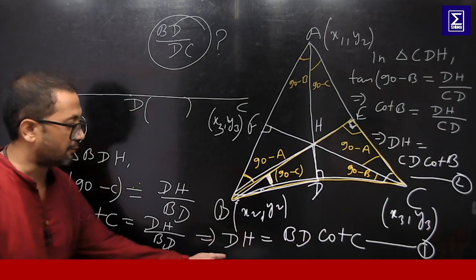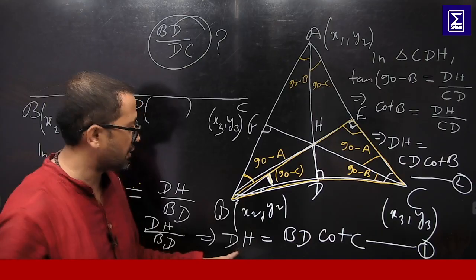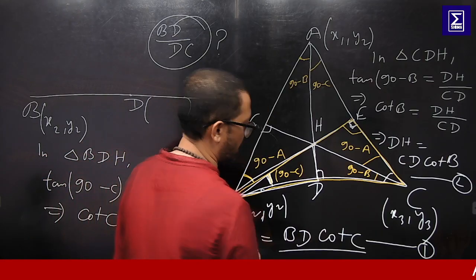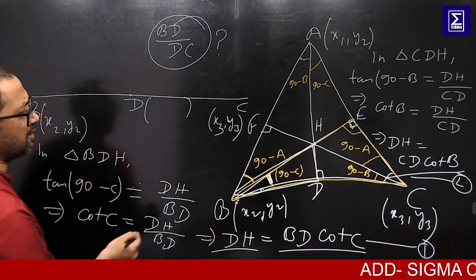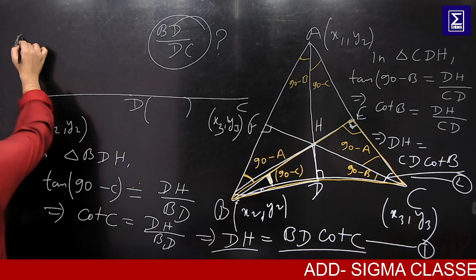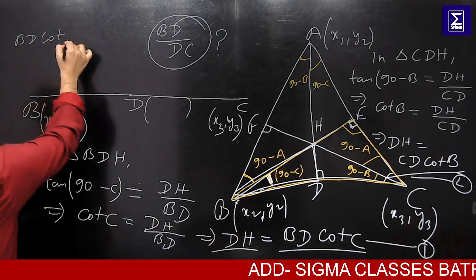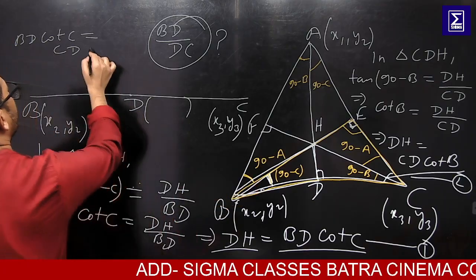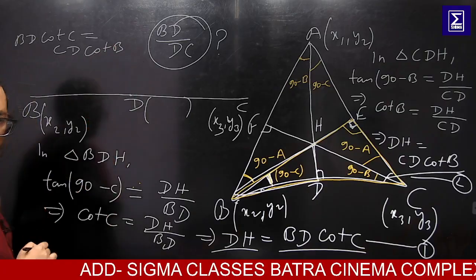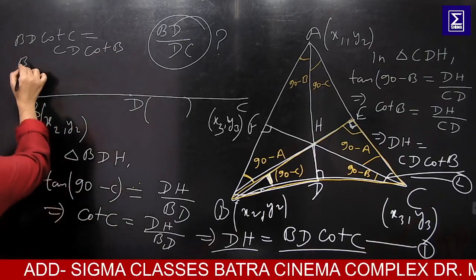From equation first and equation second, DH is equal to BD cot C and DH is equal to CD cot B. So can we write BD cot C is equal to CD cot B?